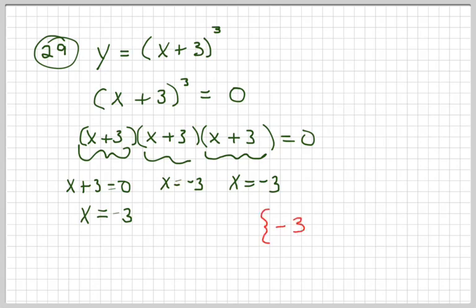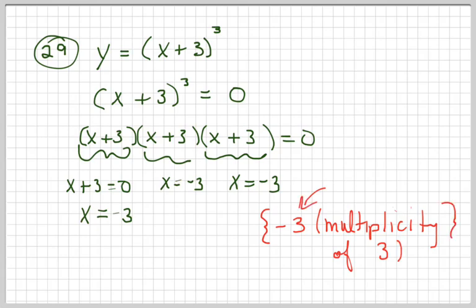We use brackets for solution sets. And we say it has a multiplicity of 3. And that 3 has nothing to do with this 3 here.